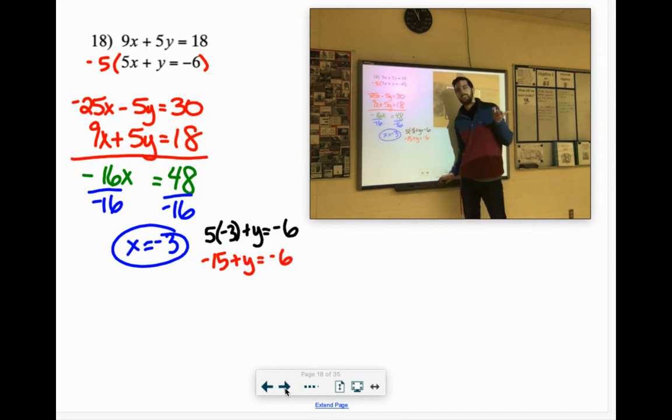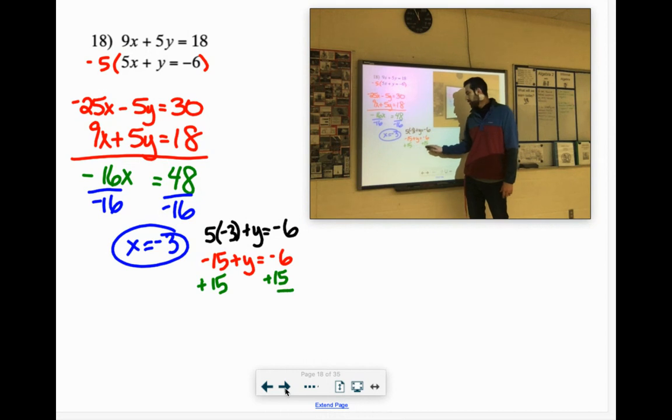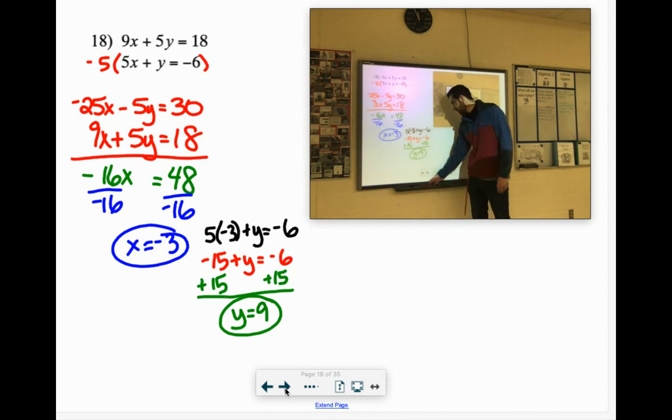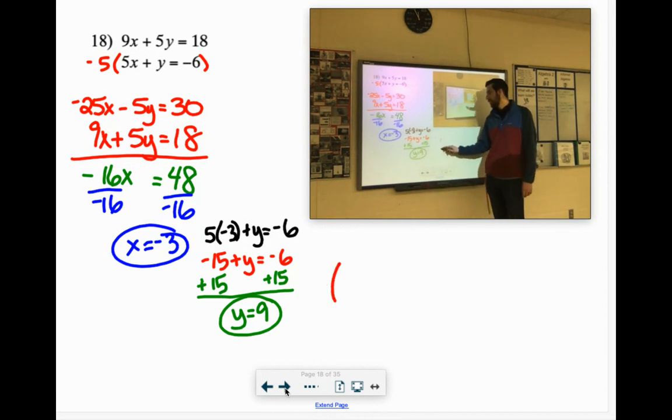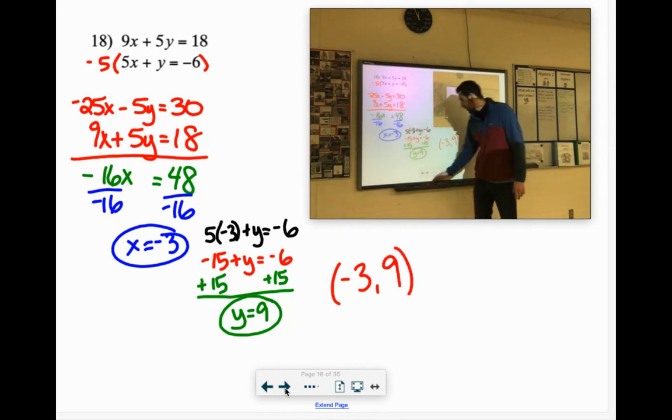How do you unload -15? Yeah, you add 15. Always do the inverse operation. -6 plus 15 is 9. Look at us, we're gonna write a coordinate. -3 and 9. Second verse is the same as the first.